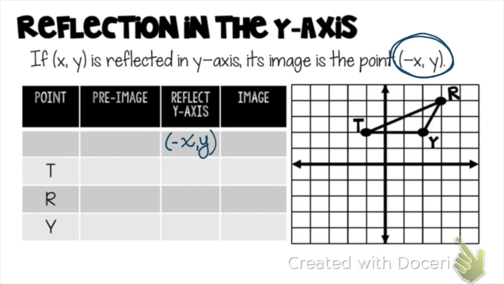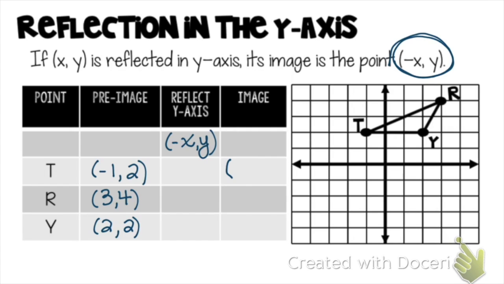All right, so T is at -1, 2. R is at 3, 4. And then Y is at the point 2, 2. So this time all of the y values are going to stay the same, and we're going to change the sign to the opposite sign for the x.